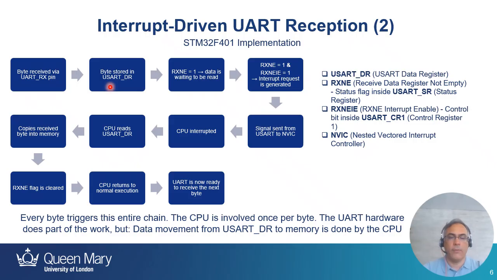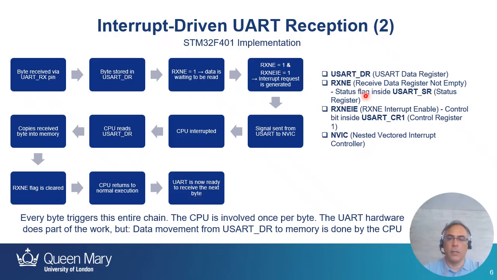After that, you have the RXNE flag equal to 1, saying that data is waiting to be read. Then we have RXNE equal to 1 and RXNEIE equal to 1, too. The RXNE flag is inside the USART status register.